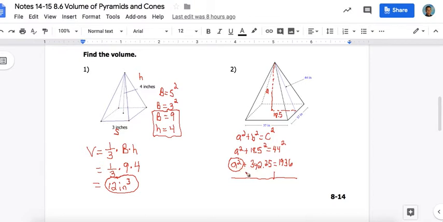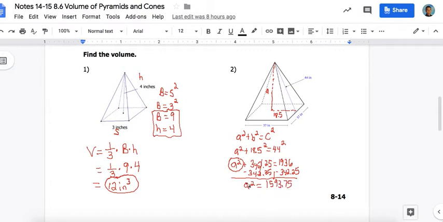Because I want to get the a squared by itself, I have to do the opposite, which is subtract 342.25 from both sides. A squared equals 1,593.75.